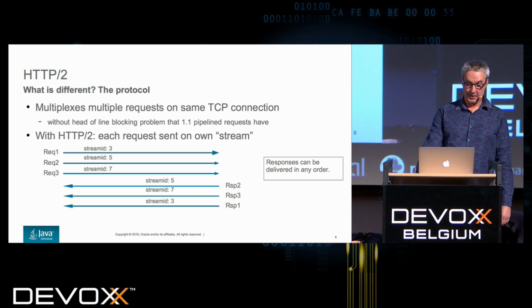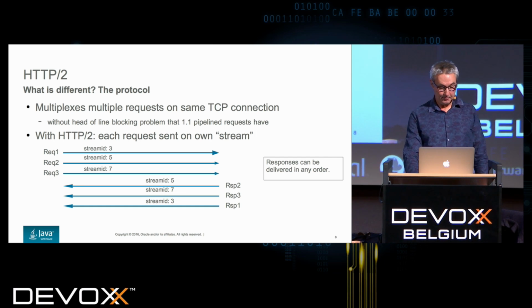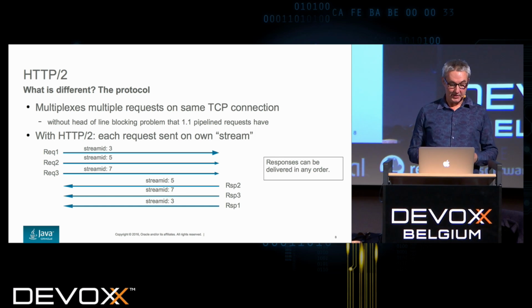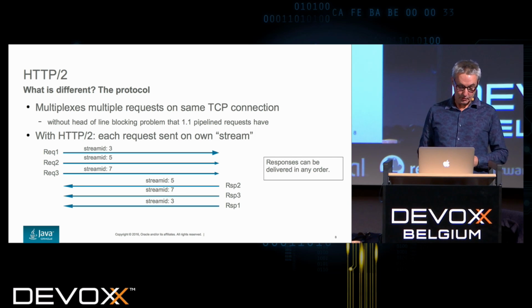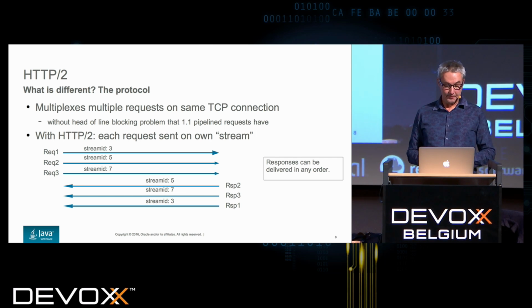So HTTP2 deals with that problem by basically having a very thin framing and streaming layer on top of TCP, and I'll give you an overview of that. Each request and response interaction is given its own stream, and each stream is uniquely identified by a number. You can see there, requests 1, 2, and 3 have been given stream IDs 3, 5, and 7.